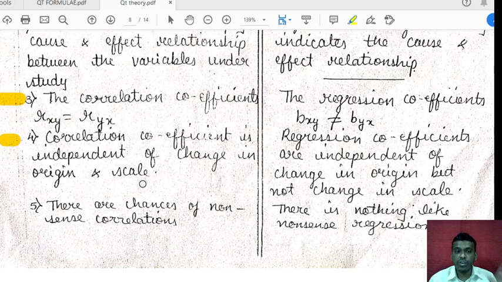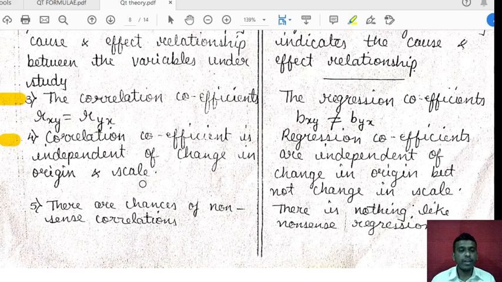We have changed the origin and scale of a problem and solved it, and we have seen that the correlation coefficient is independent of change in origin and scale. But when it comes to regression, regression coefficients are independent of change in origin only, but not change in scale. If you change the scale of the values of the variables, then definitely your answer will vary. If you change only the origin, then it does not affect it that much.